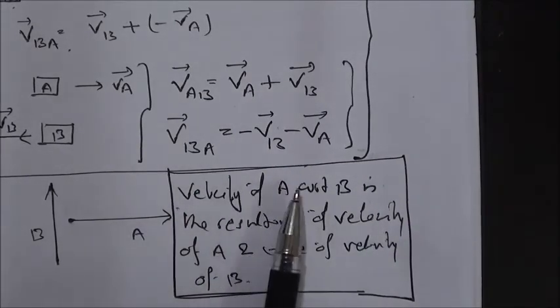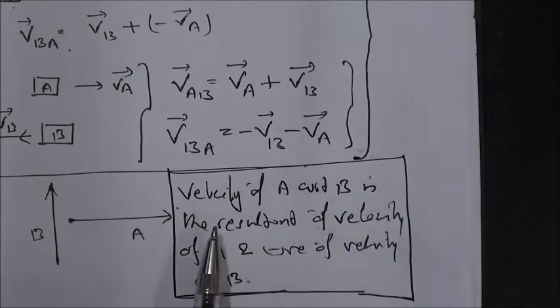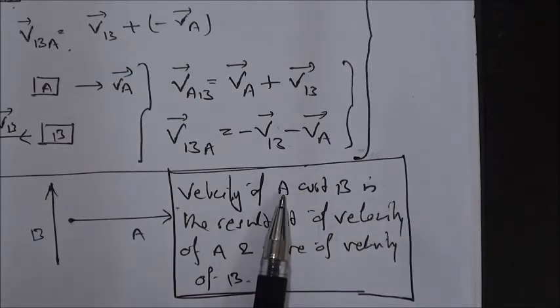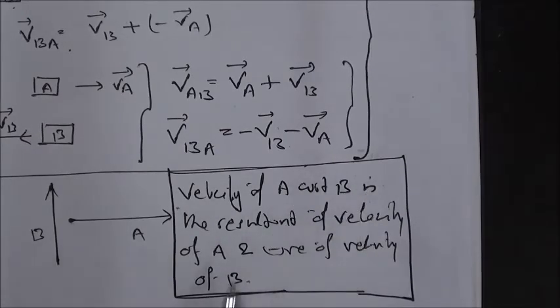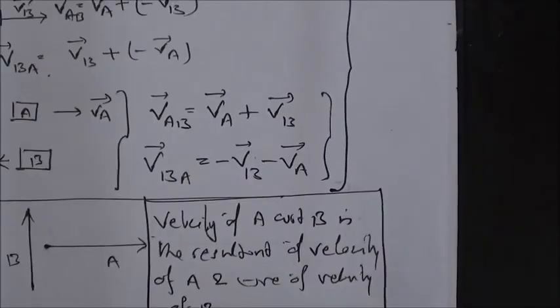The velocity of any object with respect to another is the resultant of the velocity of that object for which you are calculating and the negative of the velocity of that with respect to which you are calculating the velocity.